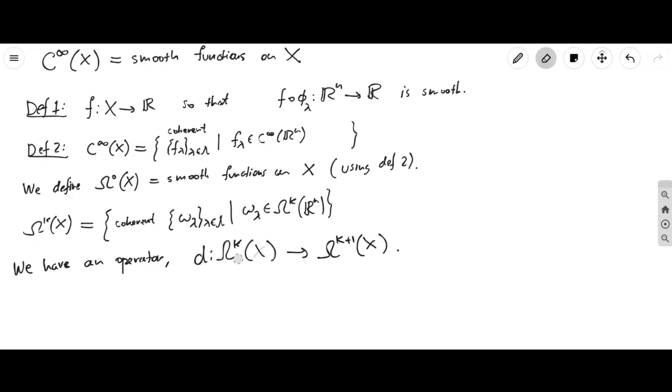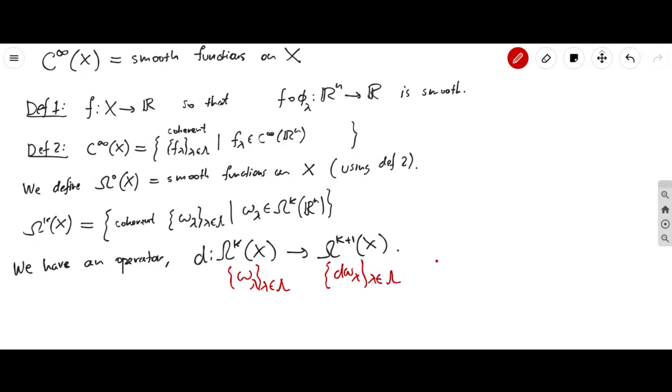If you give me a k-form on X, all that is just a coherent family of choices. And how do I create a k plus 1 form on X? So all of these are forms on the charts, on every chart. So how do I get one over? Well, you just apply the differential operator to each of these, because these are now Euclidean forms, so we know how to do that. So this would just be d omega lambda.